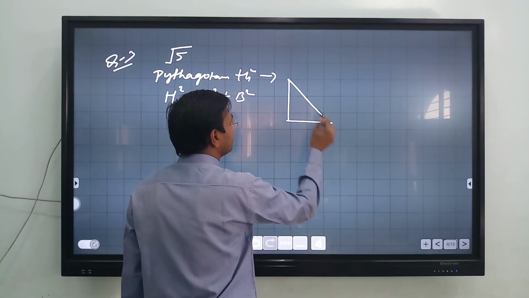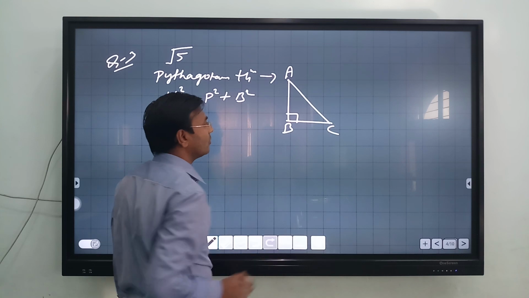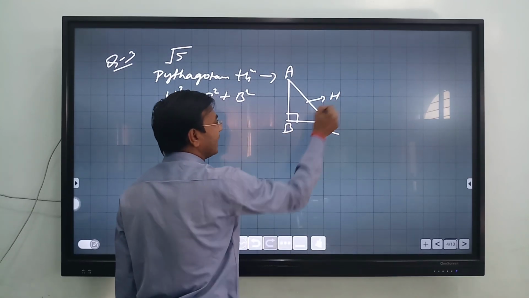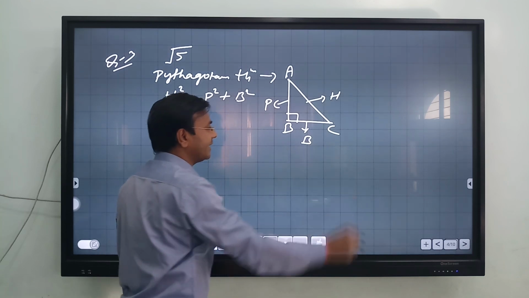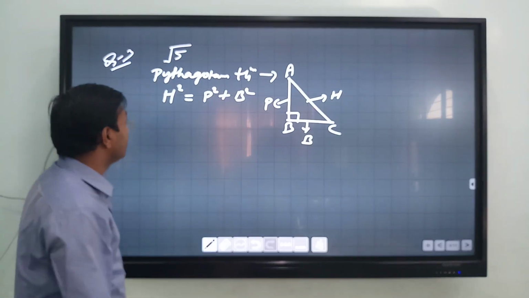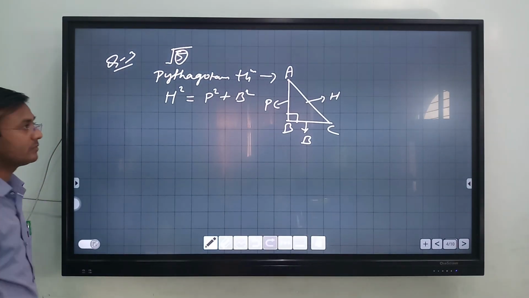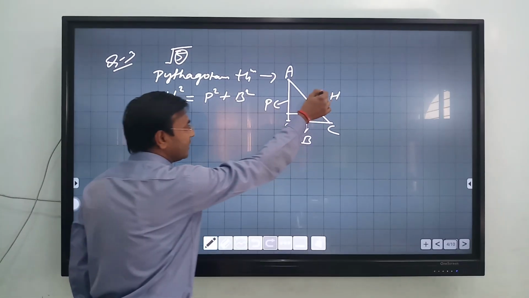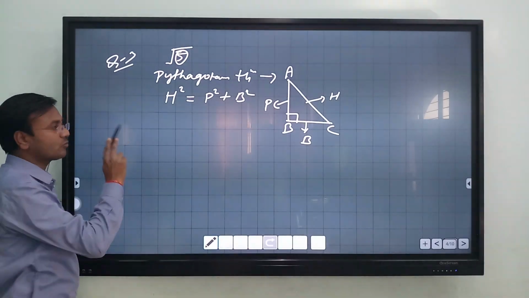See, if ABC is the right angle triangle, then this side is known as H, where usually we take this as perpendicular and this side as base. Now what we are looking for is under root 5, that is this hypotenuse. We have to take this as the hypotenuse in such questions.